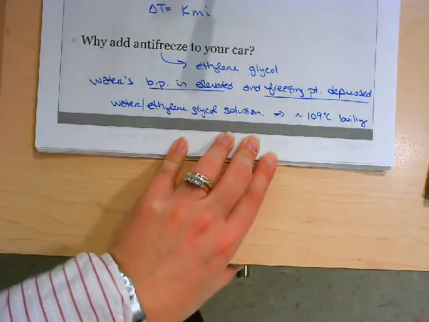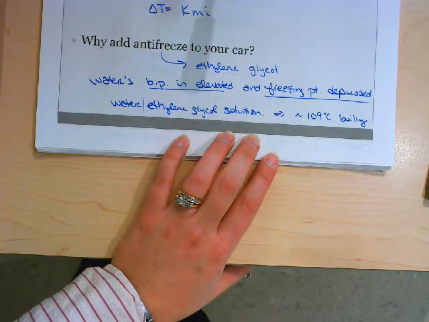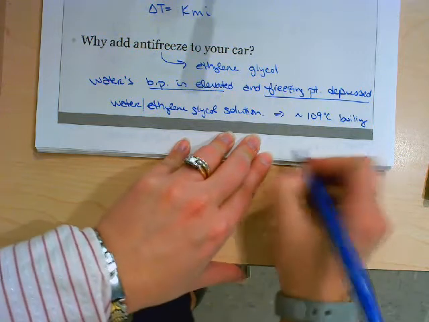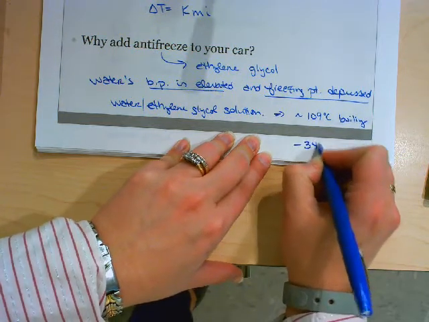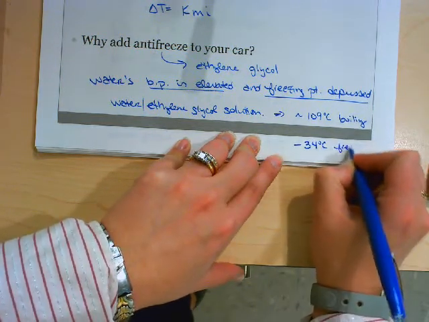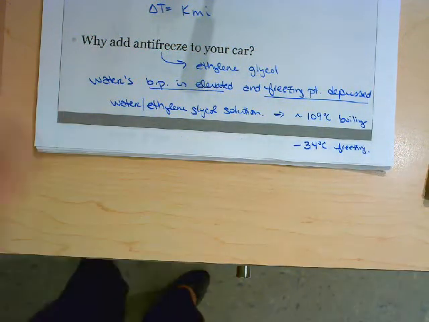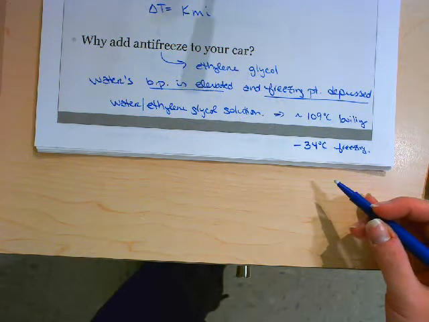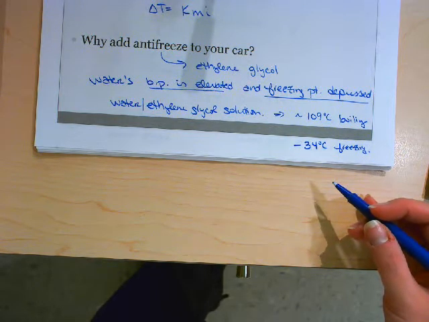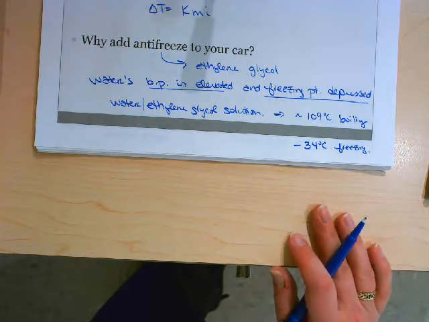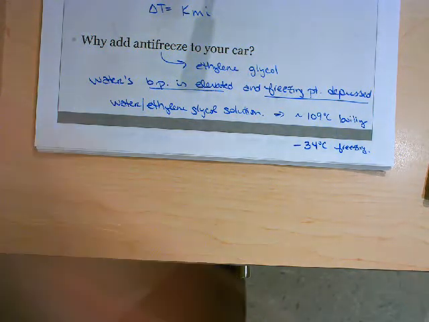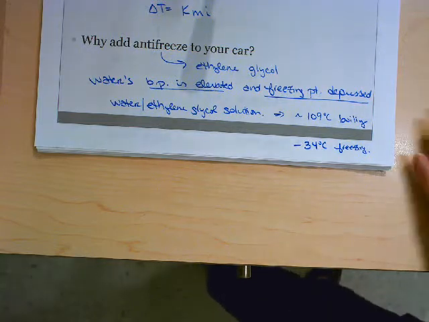And it's a better antifreeze than it is a coolant, though you do want to use ethylene glycol as your coolant. But the freezing point is now negative 34 degrees Celsius. So it has to be colder than minus 34 outside for your car's antifreeze to freeze. Luckily you guys live in Georgia and that's not usually an issue. There are some parts of the world where that would make a difference.